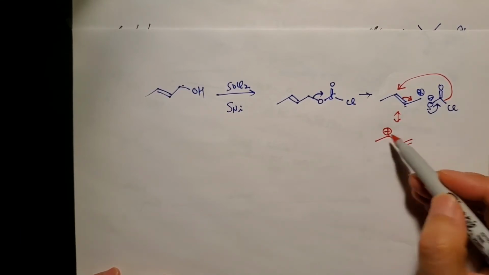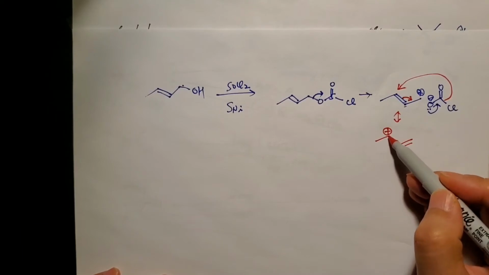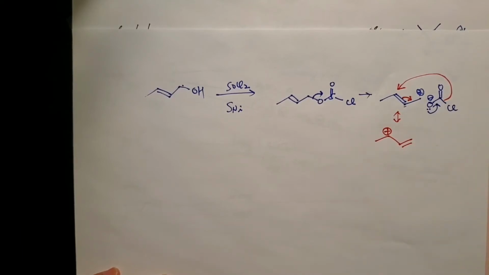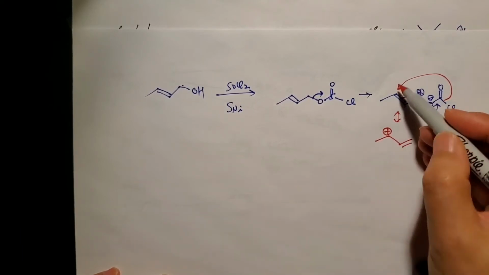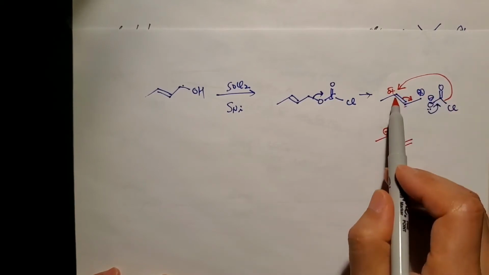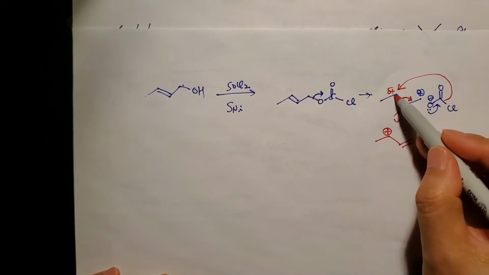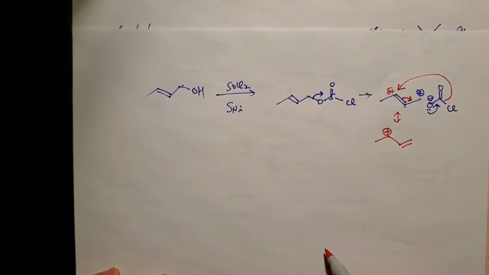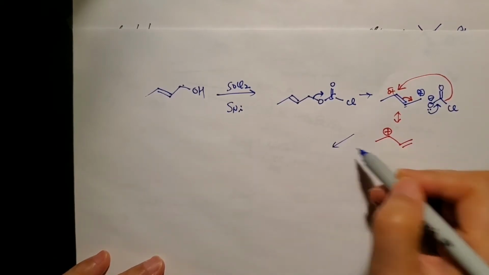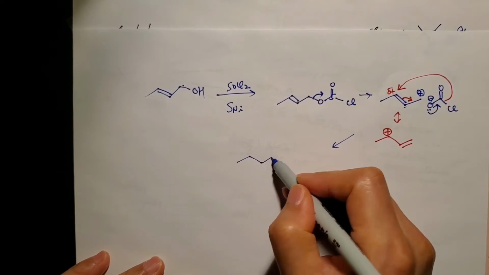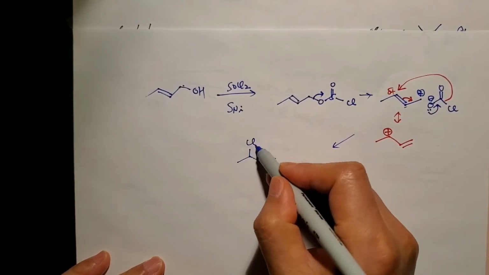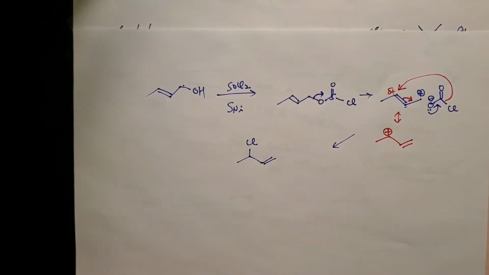So you can see positive charge moving to the more substituted carbon, and at that moment you can see the partial positive developing there in the resonance. So the chlorine is able to attack there better. So you get the product. It looks like it had rearrangement.